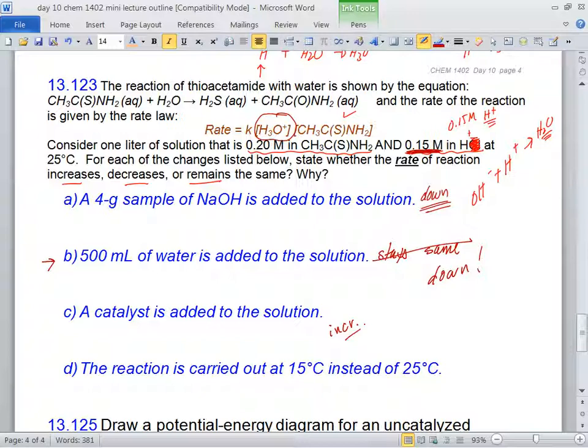Andromeda, what would you guess? Making it colder. Decrease. Yeah, things slow down, right? You've got to be careful, because if they would have said endothermic or exothermic up there, you'd have to read that, but they didn't say anything. So in general, you just assume it behaves like most reactions. They're going to slow down if you make it colder.